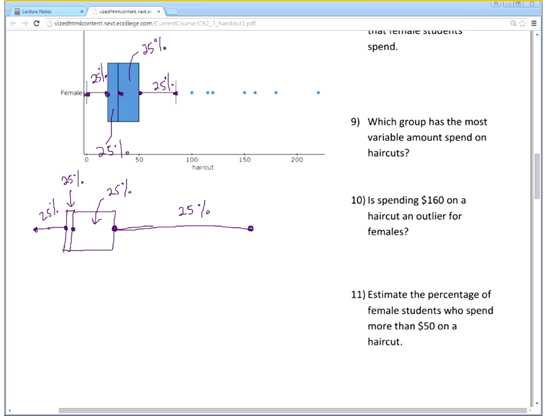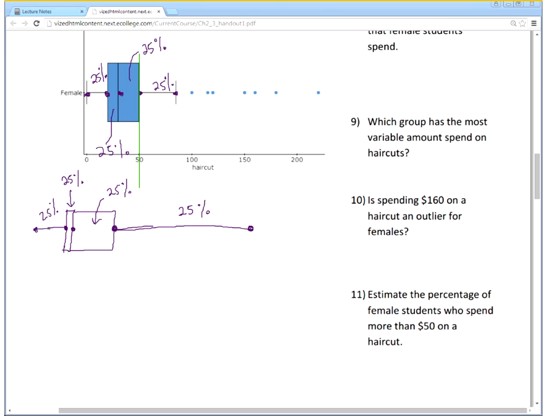So when we look at question 11, it says estimate the percentage of female students who spent more than $50 on their haircut. More than $50 on their haircut. All right, so this one says more, right? I'm just trying to match this up. So this is nice because it's right on 50.